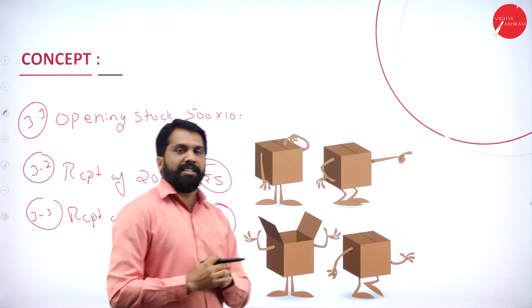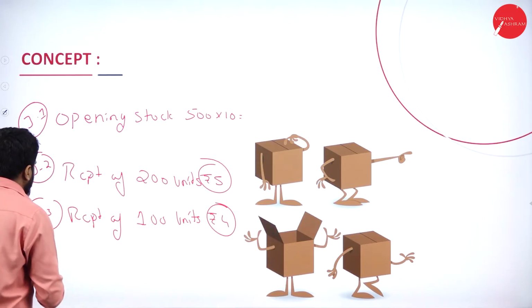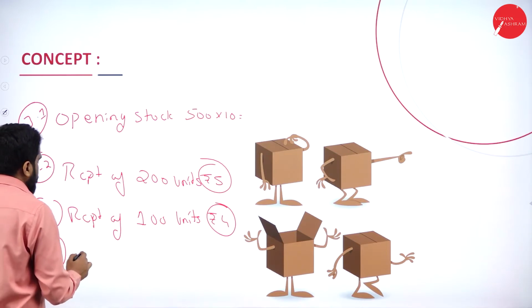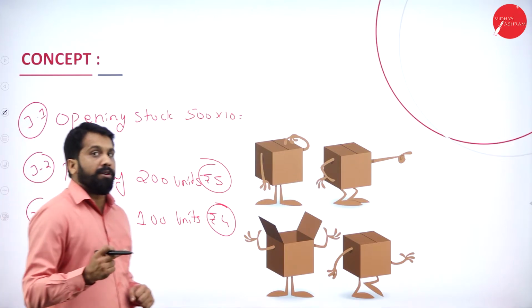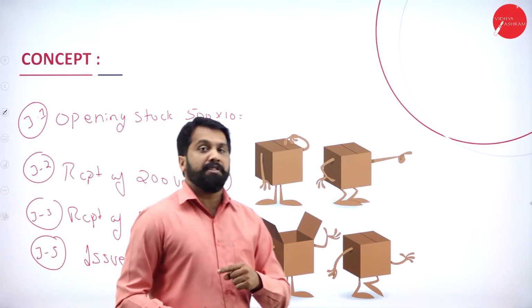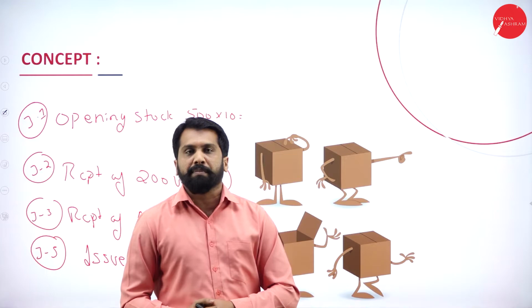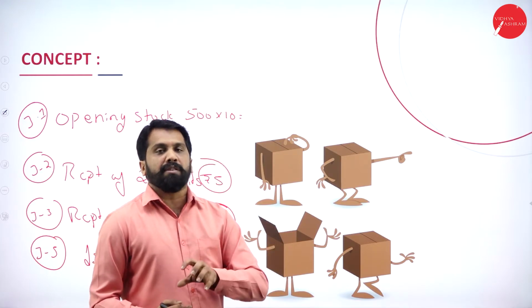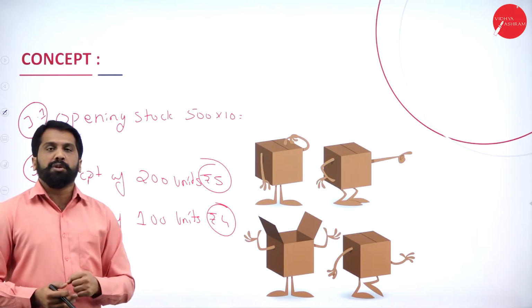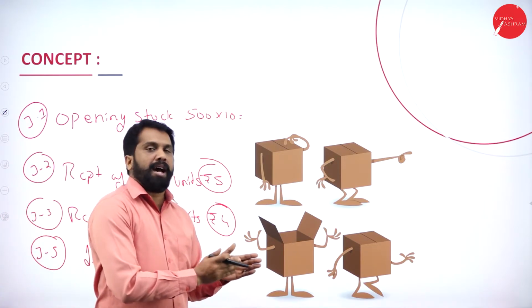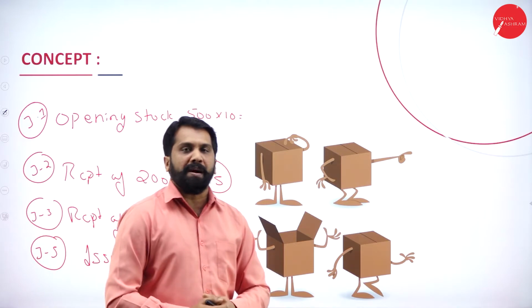Now, the next one, January 5th, issue. Issue means, remember, you have sold. You have not sold to an outsider, you have issued to the production department. That's why we don't use the word sold. Sold means you have sold to the customer. Issued means from your godown you have issued to the production department.